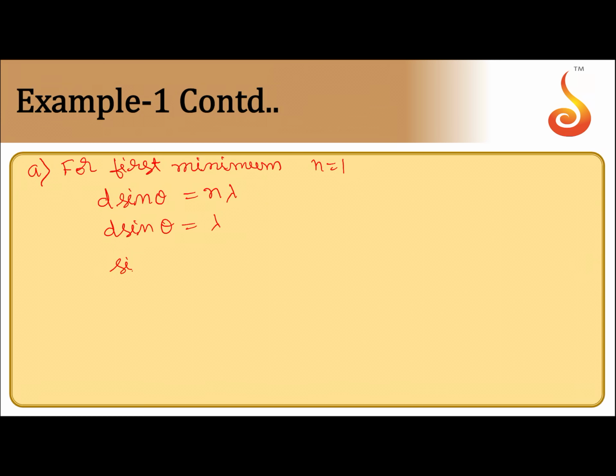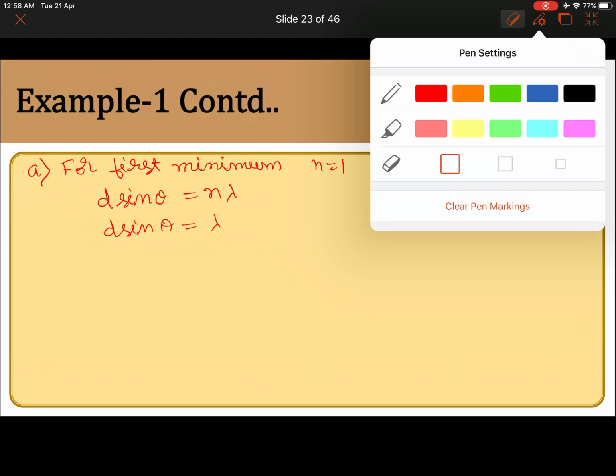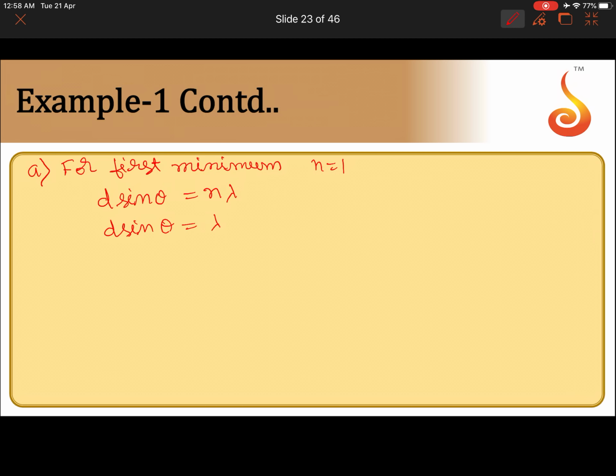So sin theta is equal to lambda by d. Now we need to solve for d. So d is equal to lambda divided by sin theta.